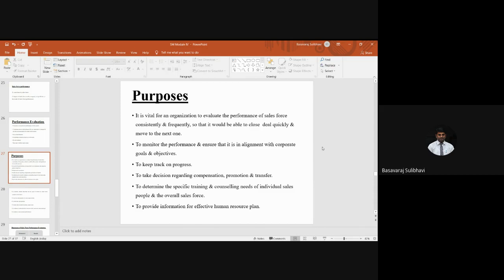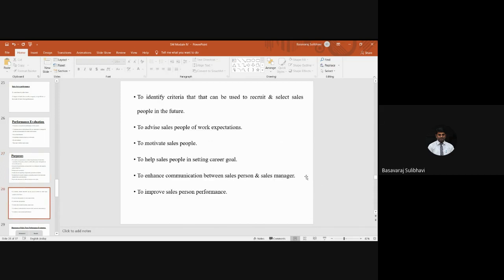Then we have to provide information for effective human resource planning. This talks about how many members have to be recruited or fired, and where they have to be posted. For all those things, the performance evaluation of the entire team will show you where there is a shortfall of human resources which can be covered, helping the organization in achieving its objectives.